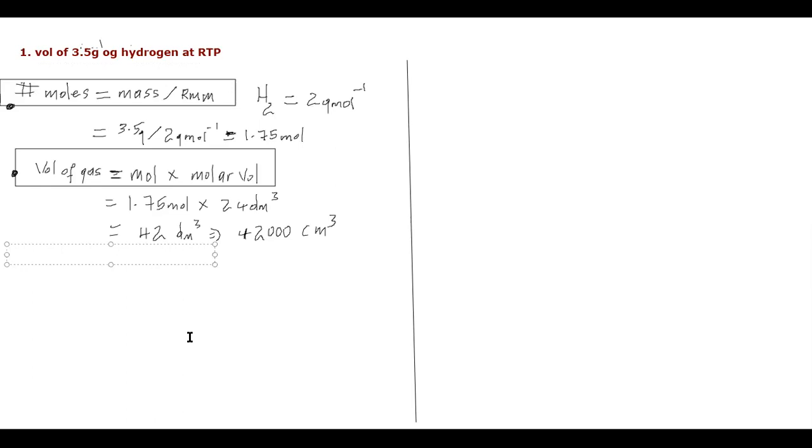Number 2 asked for the mass of magnesium carbonate needed to make 6 dm cubed of carbon dioxide. Okay, that one. Let us see how you tackled that one, Christoph.